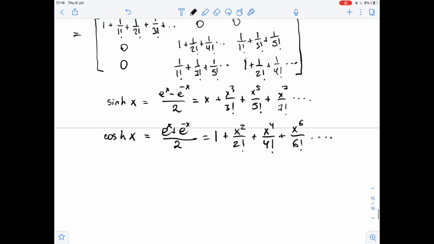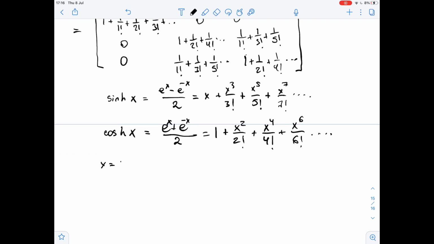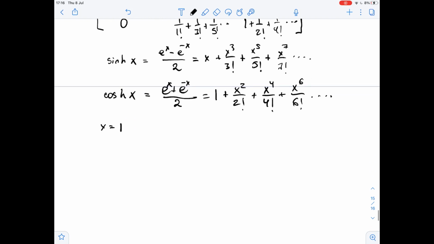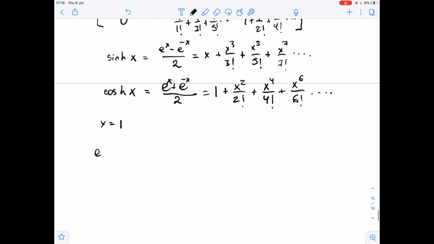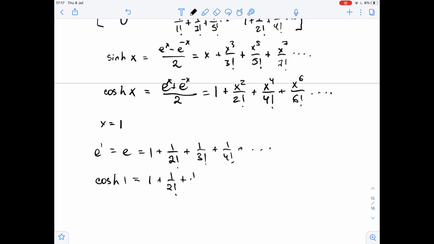If we put x equals 1, we get that e to the power of 1 equals e. So it equals 1 plus 1 over 1 factorial plus 1 over 2 factorial plus 1 over 3 factorial plus 1 over 4 factorial, and so on. And we get that cosh of 1 equals 1 plus 1 over 2 factorial plus 1 over 4 factorial, and so on.